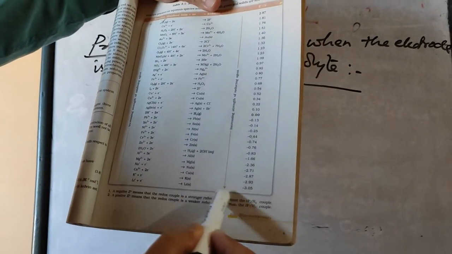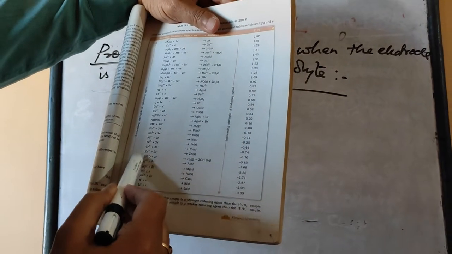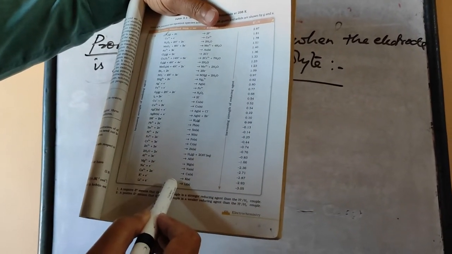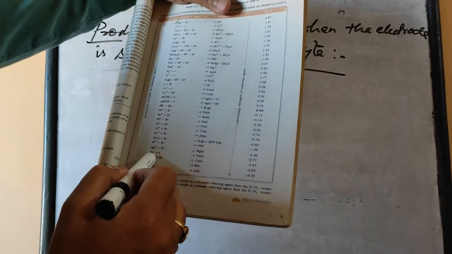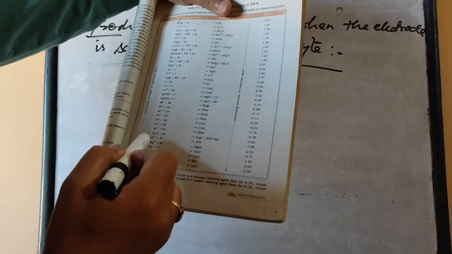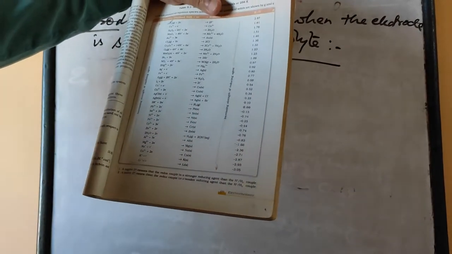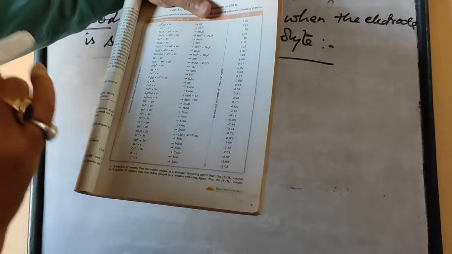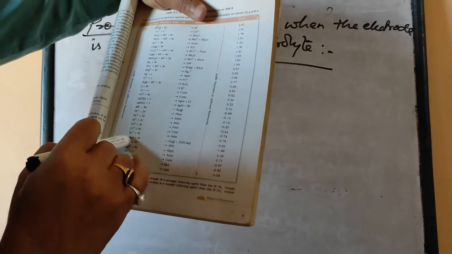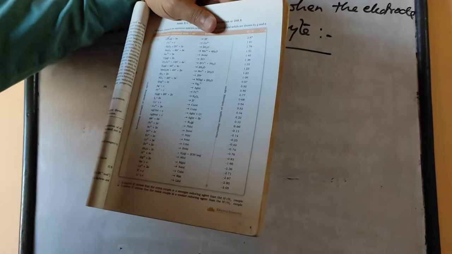At the cathode we always get hydrogen gas, because in preference to the reduction of this metal, the reduction of water is preferred.